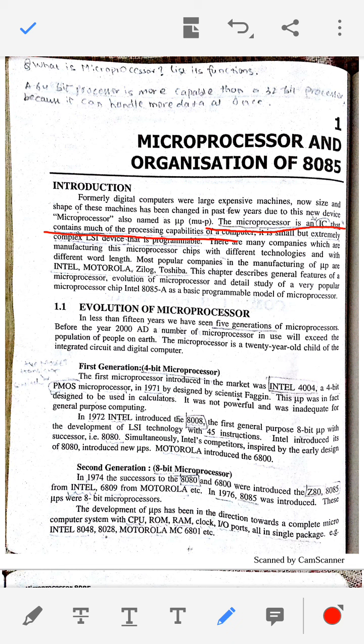In 1971, this Intel 4004 was designed by scientist Faggin. This processor was used in calculators. It was not that powerful, and it was inadequate for general purpose computing, like arithmetic addition, logical operations, AND, OR operations, addition, subtraction, multiplication.